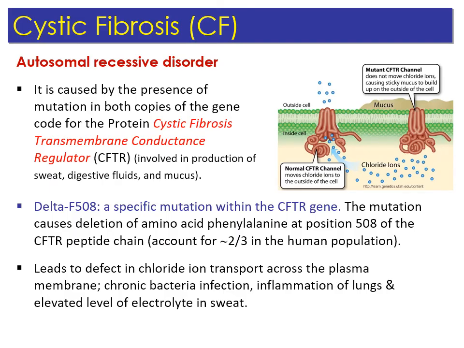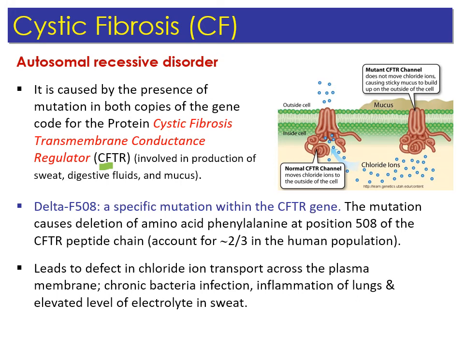Cystic fibrosis is a common autosomal recessive disorder. It is caused by the mutation of both alleles that code for the protein cystic fibrosis transmembrane conductance regulator, which is also called CFTR. This regulator plays an important role in the production of sweat, digestive fluids, and mucus.